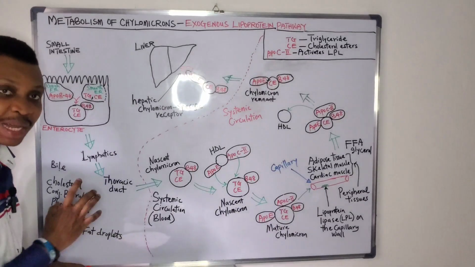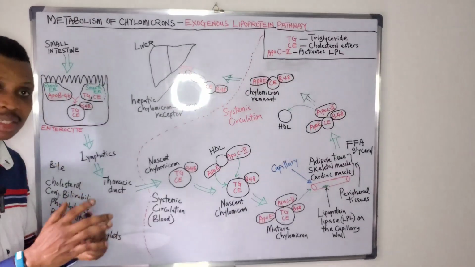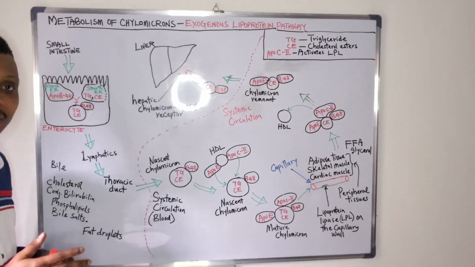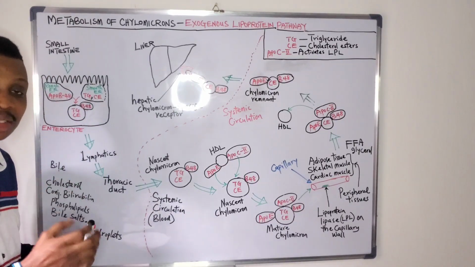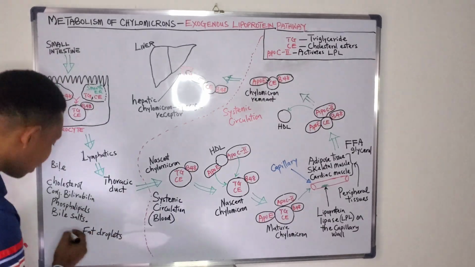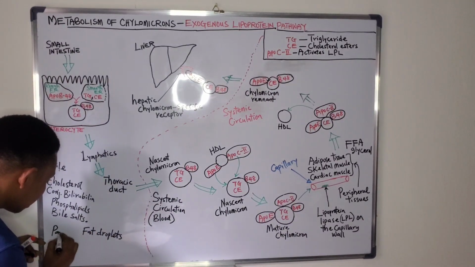After the action of bile salts on the triglycerides, converting them into fat droplets, the pancreas also secretes an enzyme called pancreatic lipase.